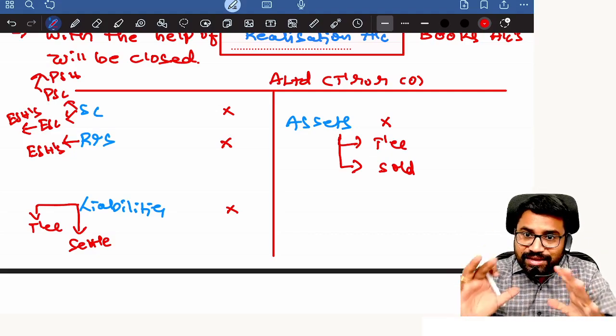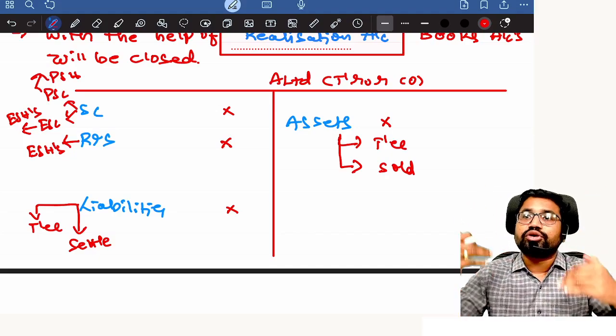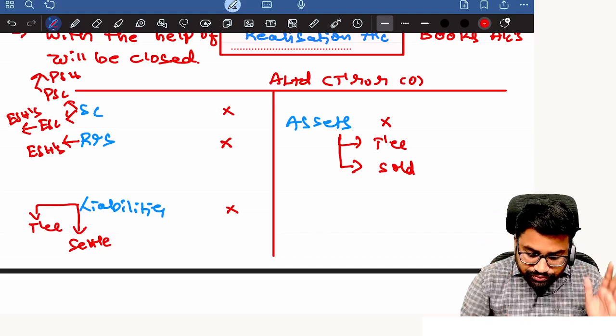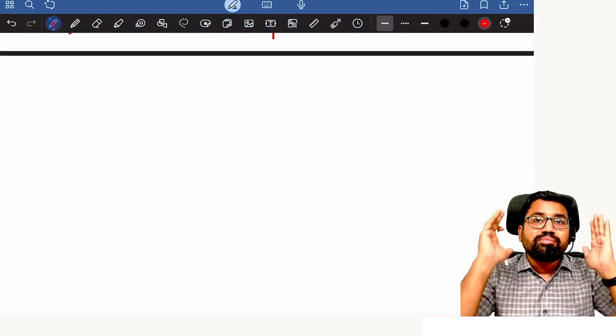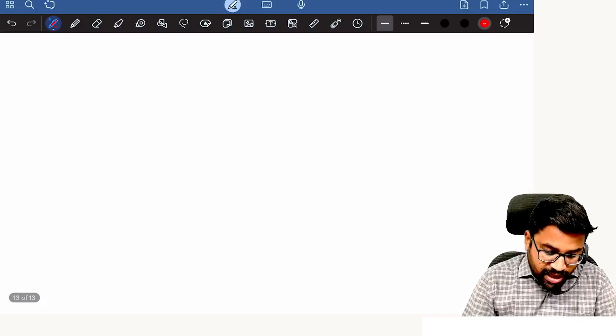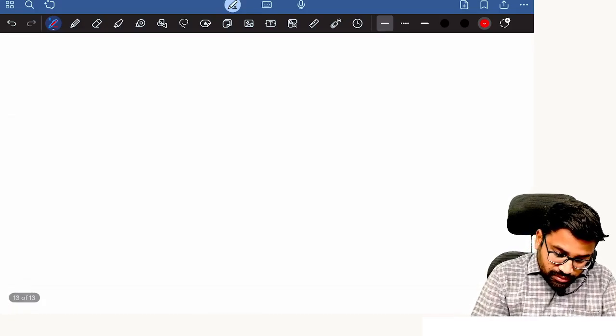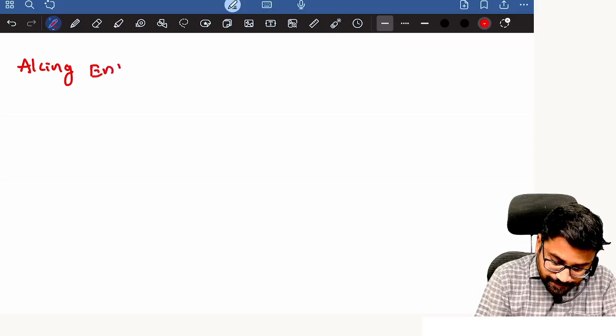So it will take some time, but if you follow this order, there is no chance that you are going to make a mistake. So this is the basic idea. Now what we will do is, I will write one by one entry. So you along with me, please write, so that it will be a practice. So accounting entries.